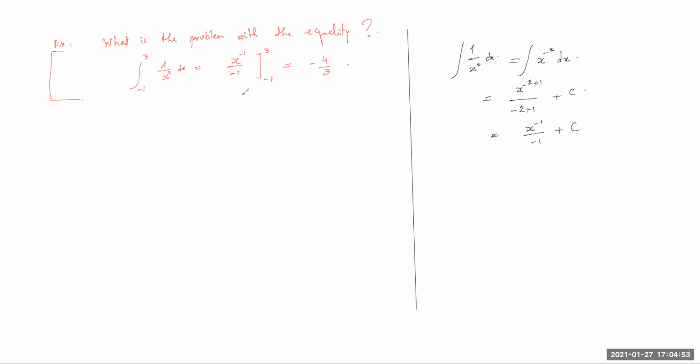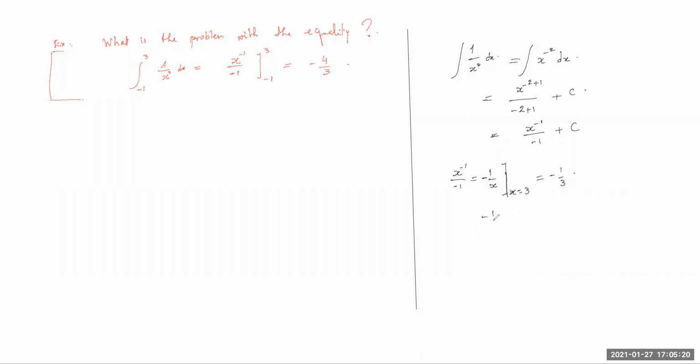They took one antiderivative and they put in the two values. So if we substitute in this function, minus 1 over x, at x equals 3, you will get the value minus 1 over 3.